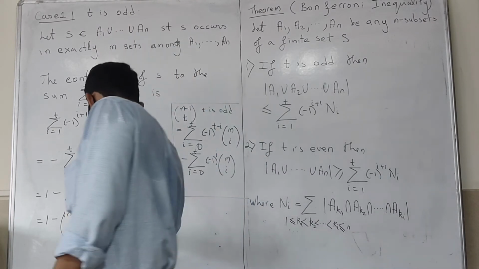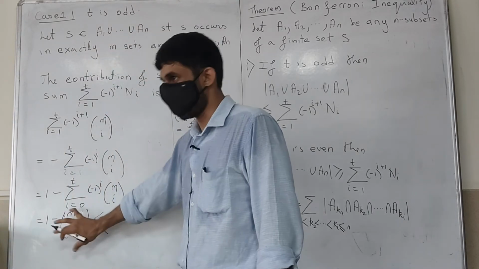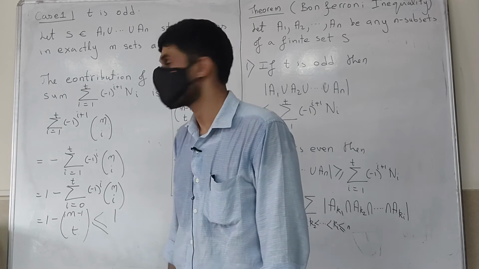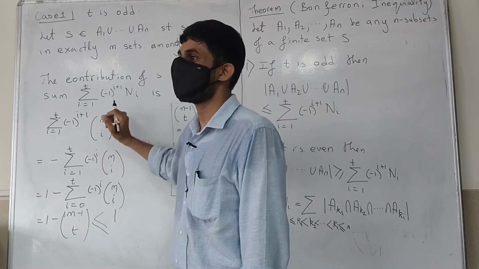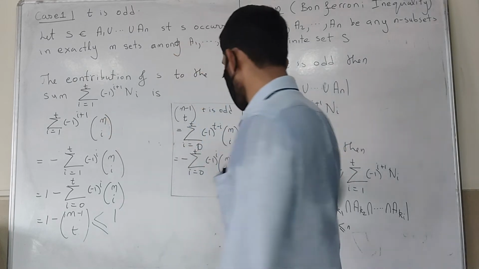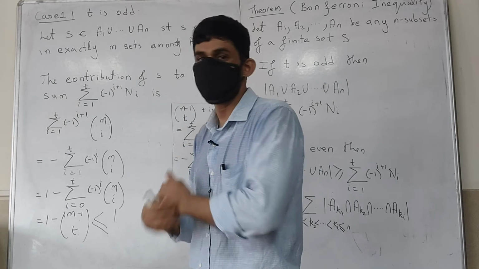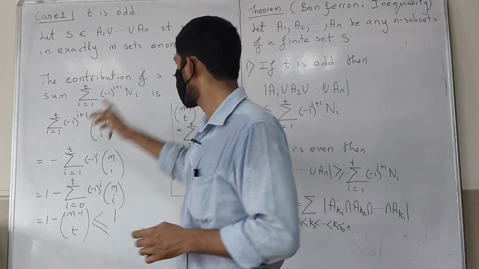So this is going to be non-negative, m minus 1 c t. This is going to be less than or equal to 1. So the contribution to the sum is less than or equal to 1.